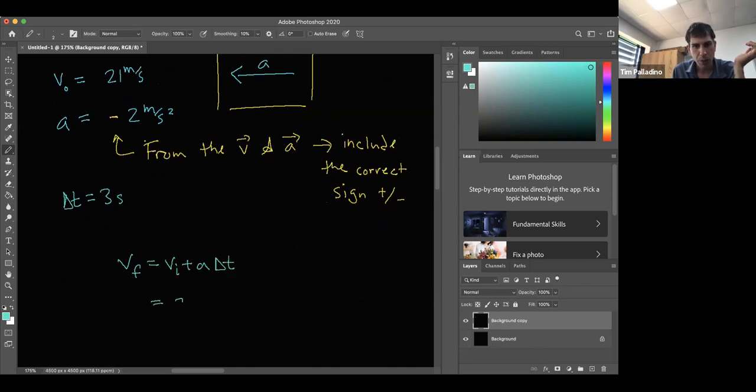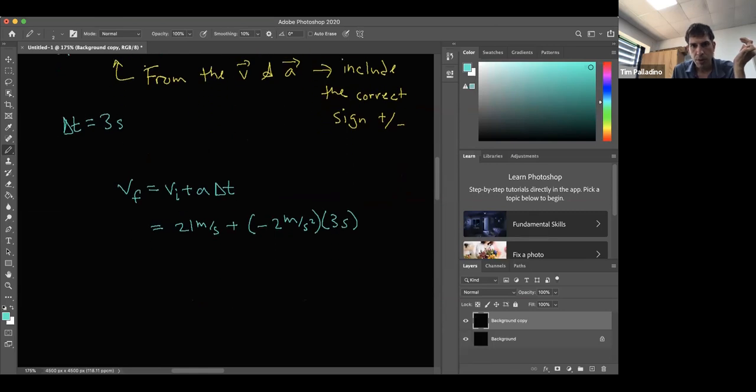Our initial velocity is 21 meters per second plus, we know it's a negative acceleration, minus 2 meters per second squared and 3 seconds. Okay. So from this number right here, -2 times 3 should be -6 meters per second. Very good. All right, so 21 minus 6 should be, I believe, 15 meters per second.